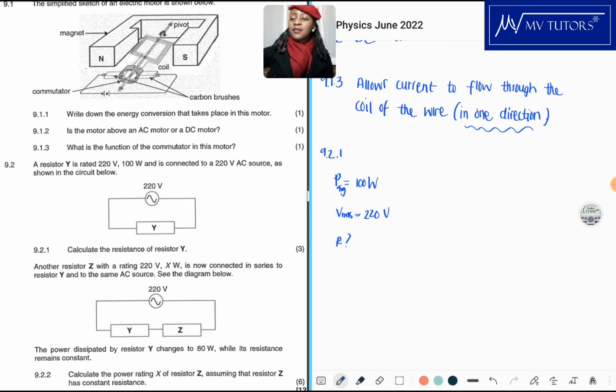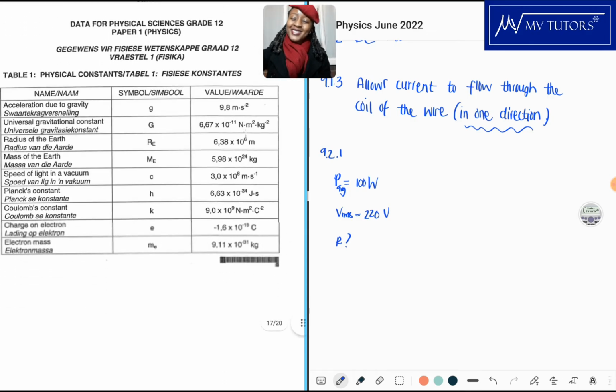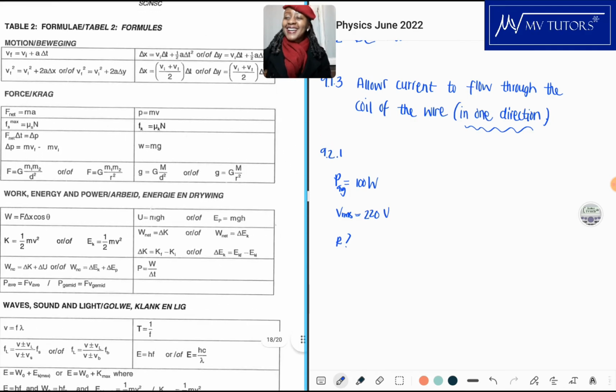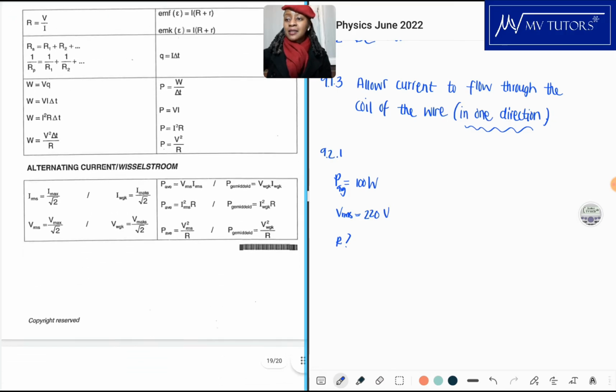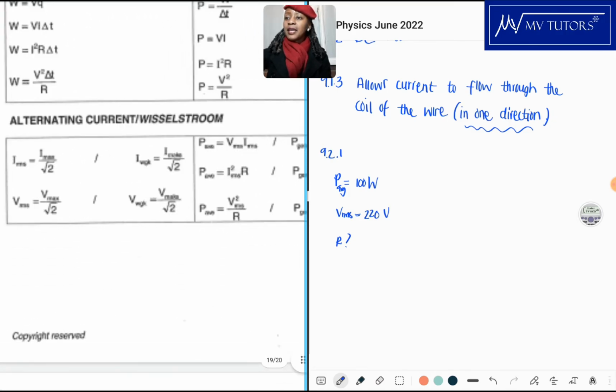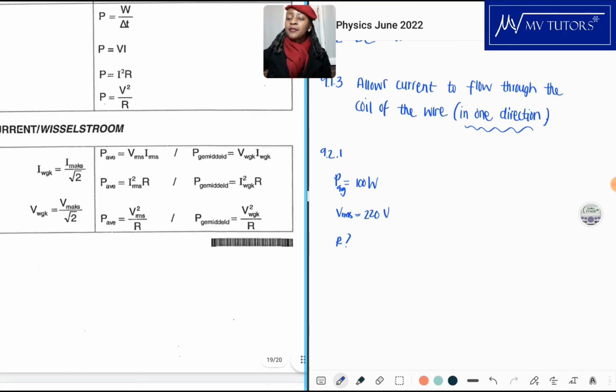We're going to have a look at our equations, not equations of motion, to see which one would be applicable in this case. We have the average power, we also have voltage, and we're looking for resistance.